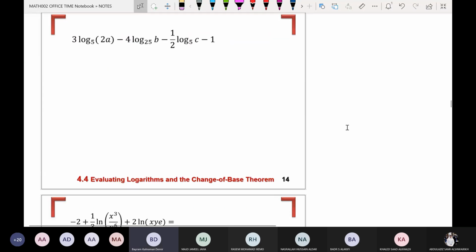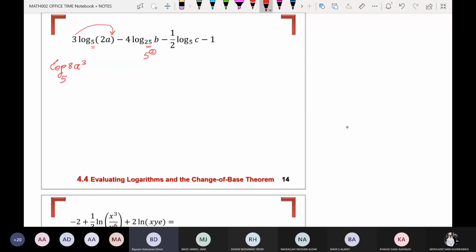So I guess now I should leave it to you as practice. How about this one? Here the first base is 5, no problem. And this is 25, which is 5 squared, of course. And this square is going to come here as 1 over 2, so 4 is going to be 2, right? Now let's move the 3 as a power here. So it will be logarithm of 8a cubed, and then base is 5.